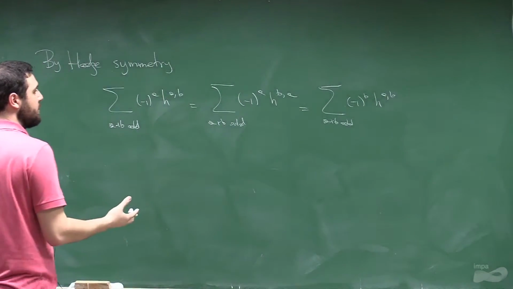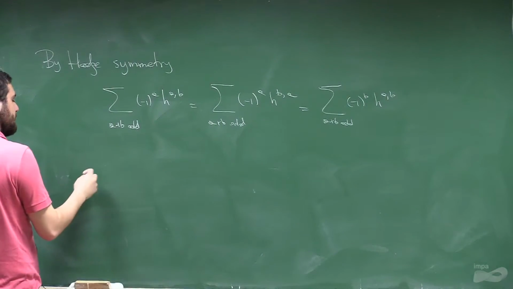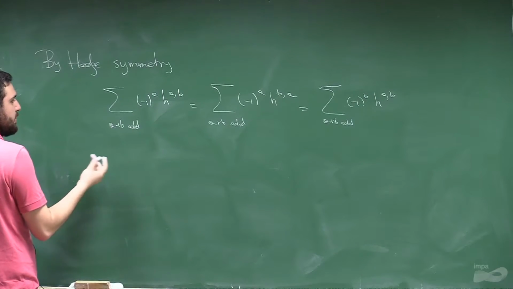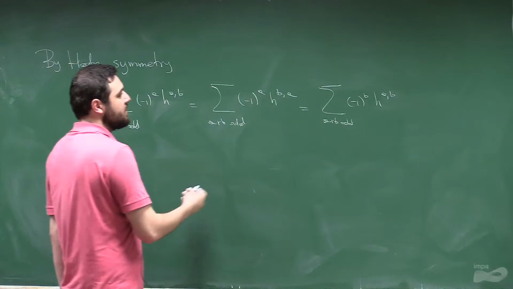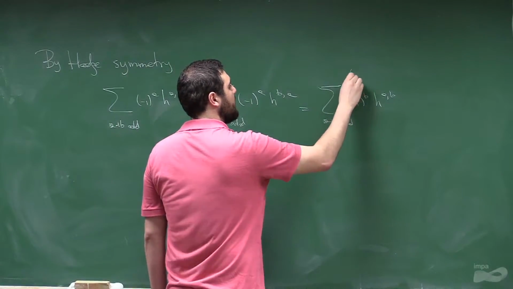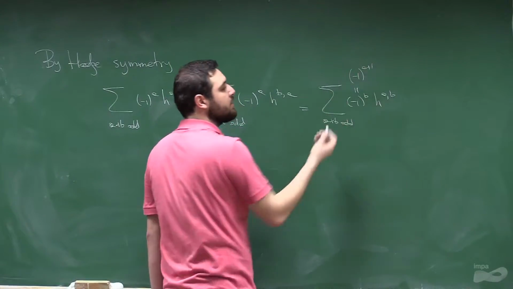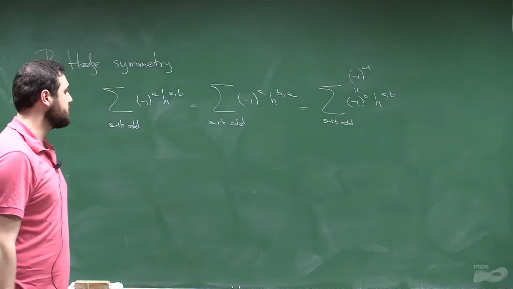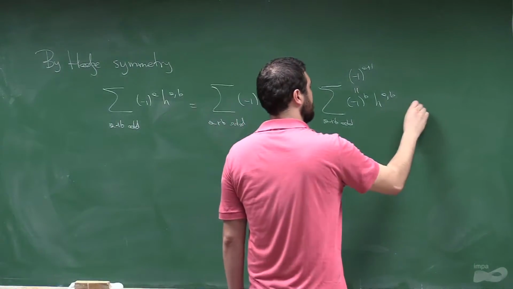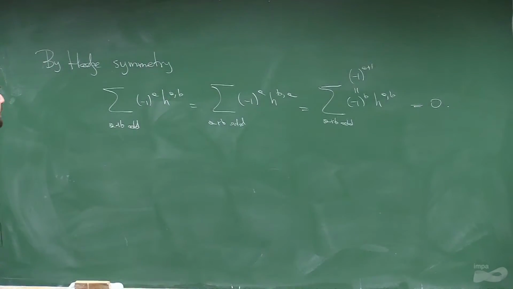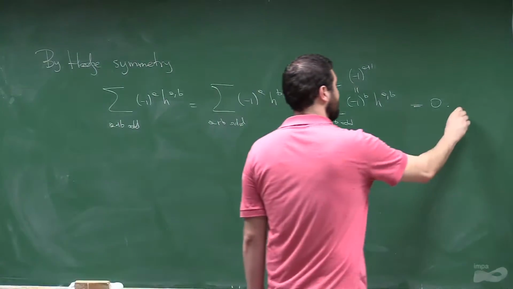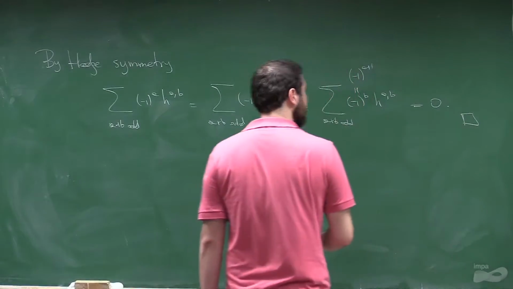So if we add these two things, we will get 0, right? I mean, this is equal to (-1)^{a+1}. And so this is 0. Okay? So this is the Hodge index theorem.